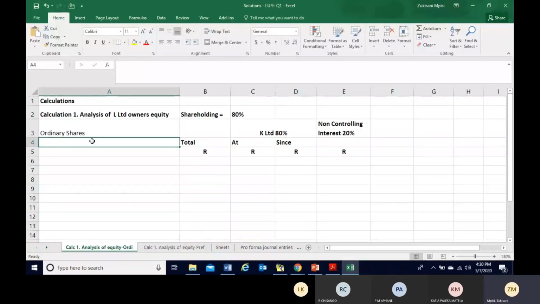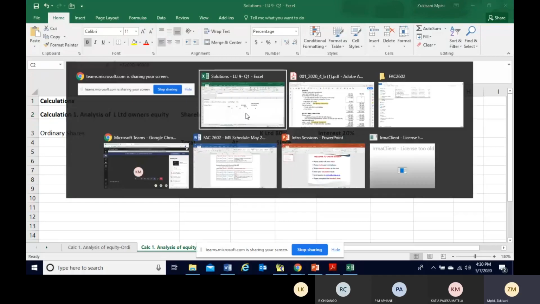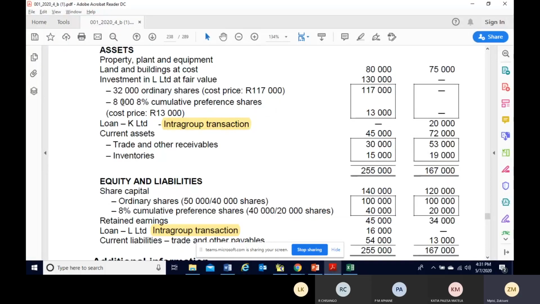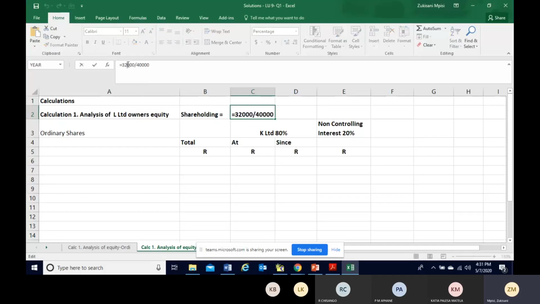In terms of preference shares, the holding will be 8,000 divided by 20,000, which gives you 40%. So KLTD has 40% and non-controlling interest has 60%.